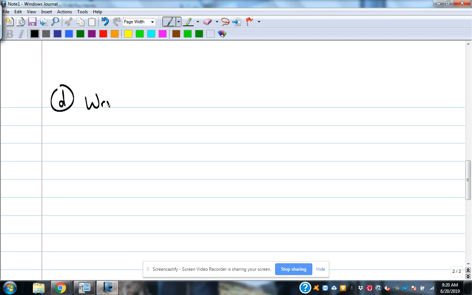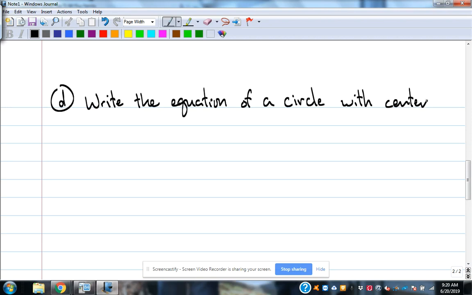Let's write the equation of a circle with center at 6, 8 with a radius of 7.